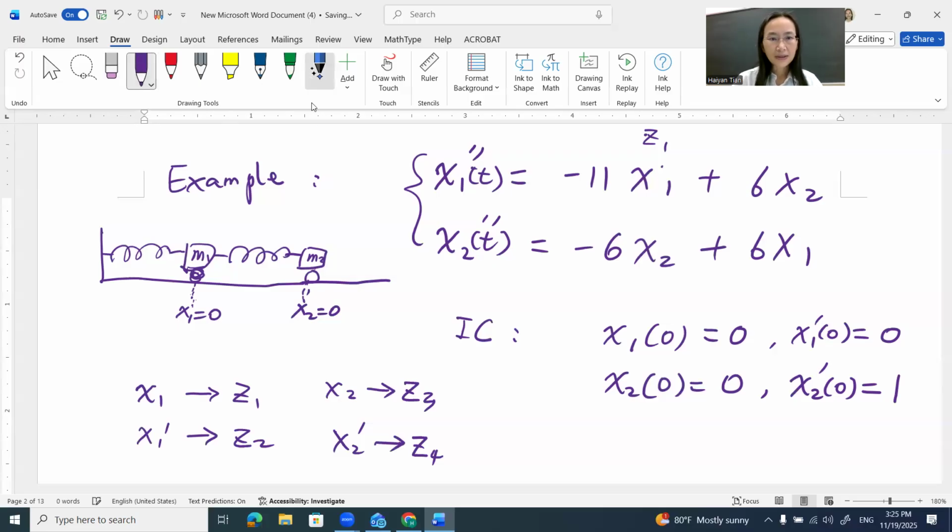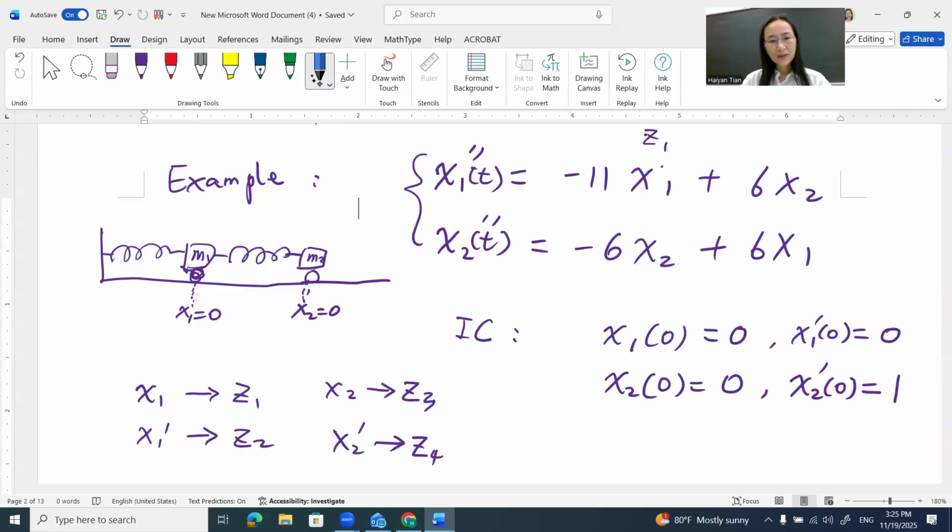As you can see, this doesn't have to be renamed, right? It's just a different letter. But to make it nicely in this order, Z1, Z2, Z3, Z4, so we can see easily, we will get a system of 4 equations.